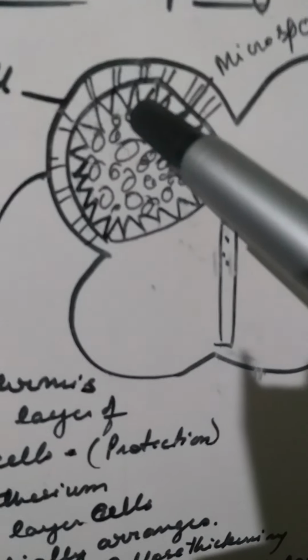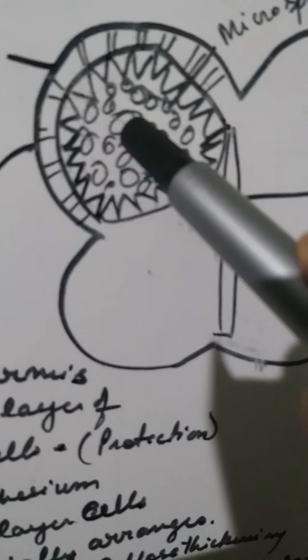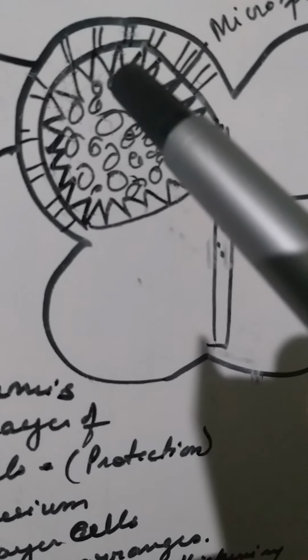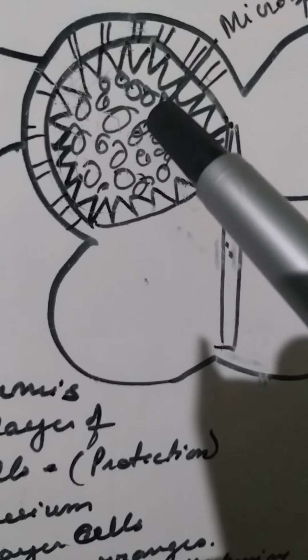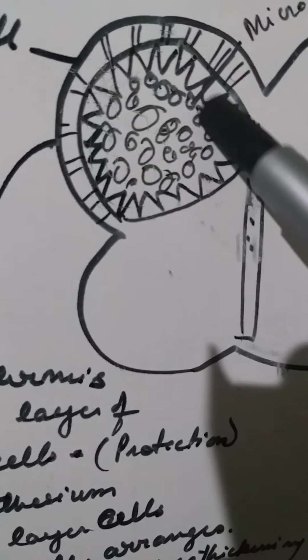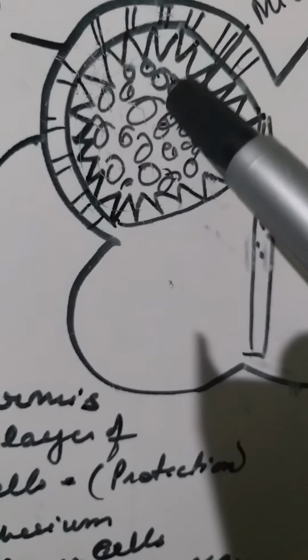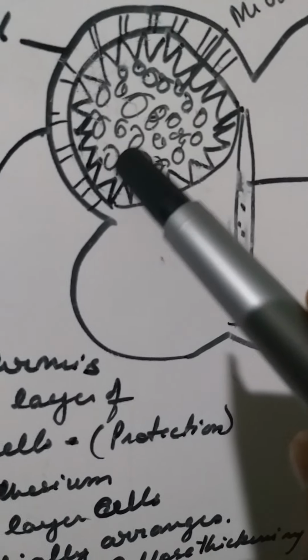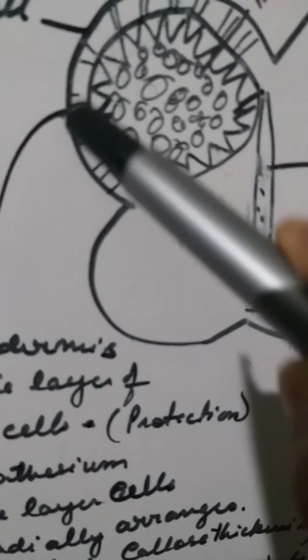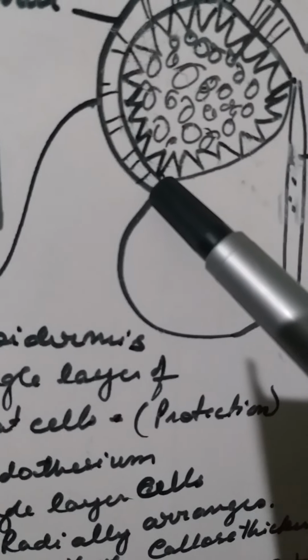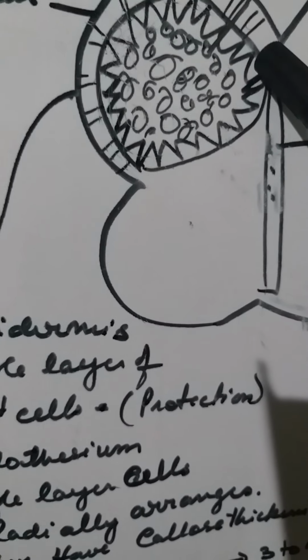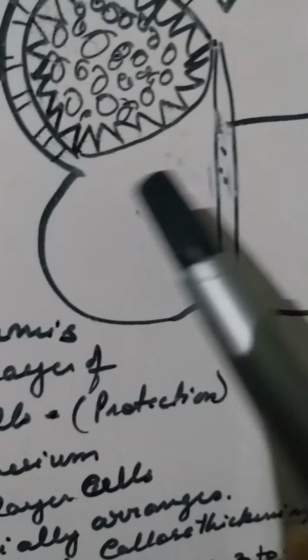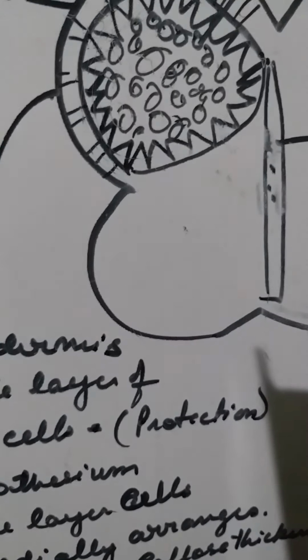These are actually the growing anther cells that would be undergoing microsporogenesis, and inside that you can call it a microsporangium. Now what I was telling you is that the tapetum goes from here to here, and you see they are a 4-layered structure, but at this junction they don't have that layer.